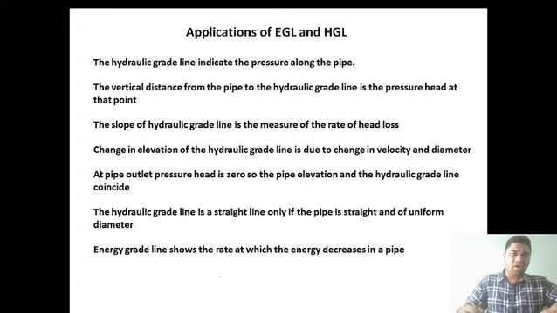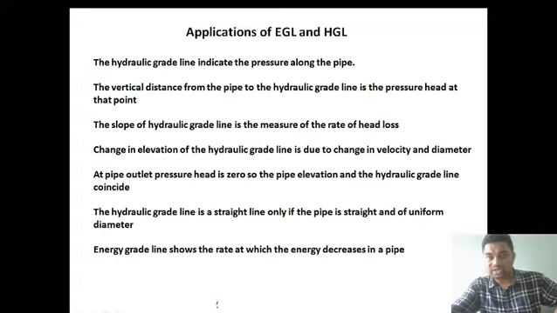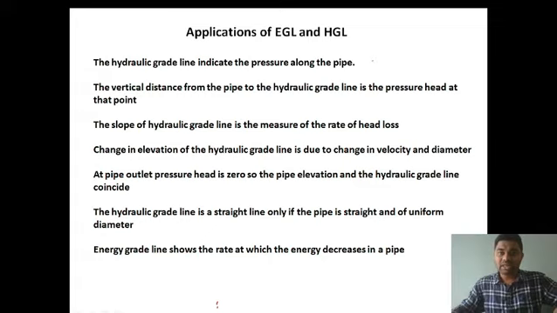The hydraulic grade line indicates the pressure along the pipe. As piezometers are installed at every section of the pipe, the piezometers give different readings.